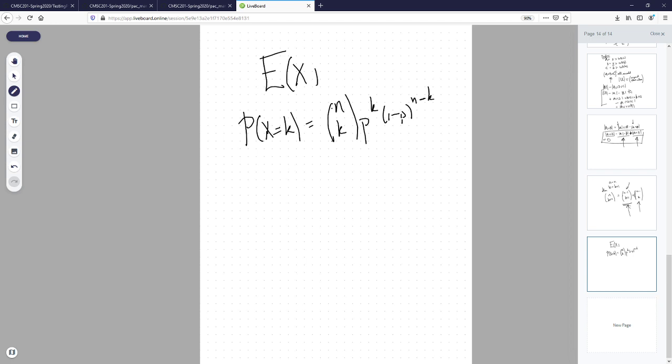So that's the definition. This is only b, I didn't do a yet. And so the expected value of any probability distribution is the sum over all the sample space elements s of the probability that x is equal to s times s itself.